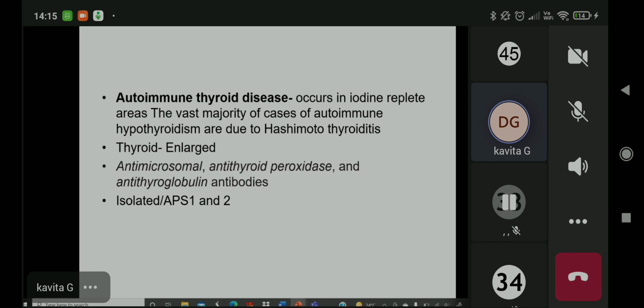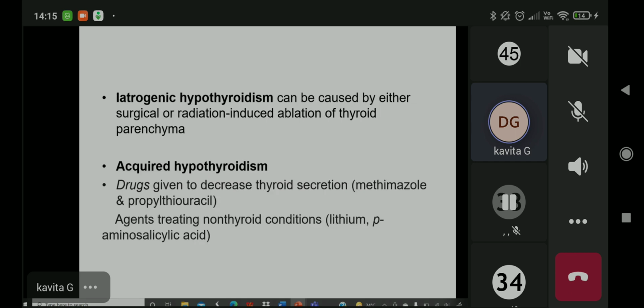That is seen in Hashimoto's thyroiditis, where the thyroid becomes rubbery, enlarged like a lymph node, and certain antibodies are positive in Hashimoto's, like anti-thyroid peroxidase, anti-thyroglobulin antibodies, and antimicrosomal antibodies. Another thing is APS1 and 2, part of the polyendocrinopathy syndromes, in which thyroiditis is a part.